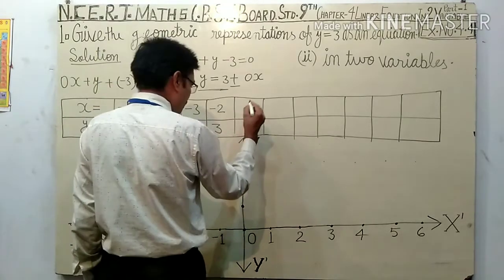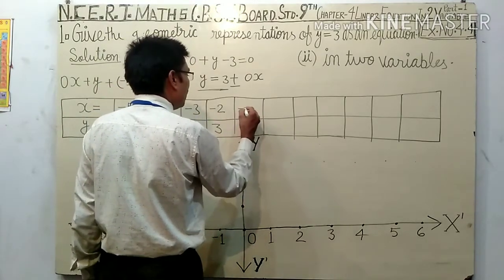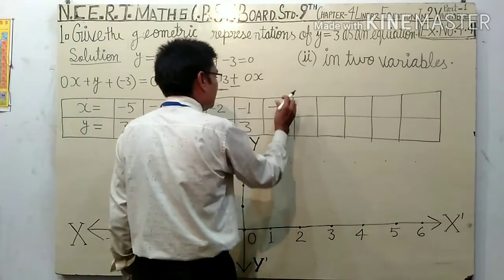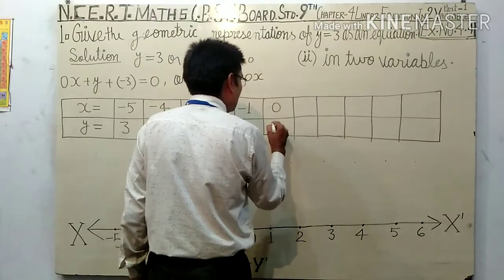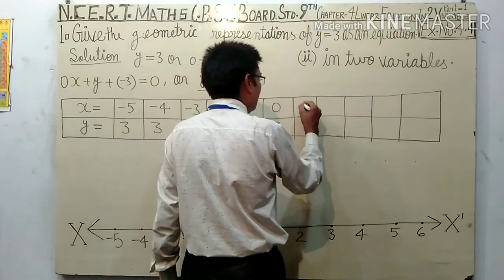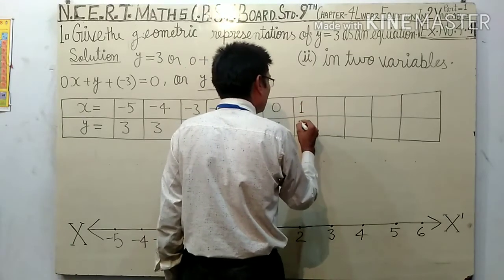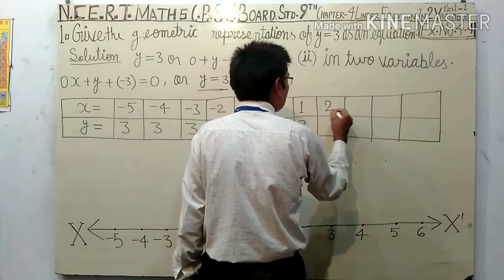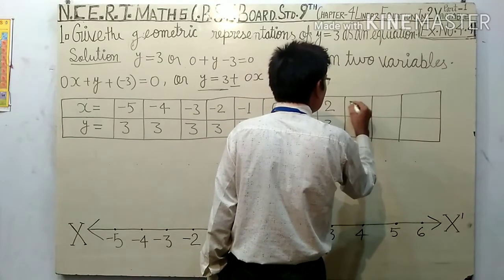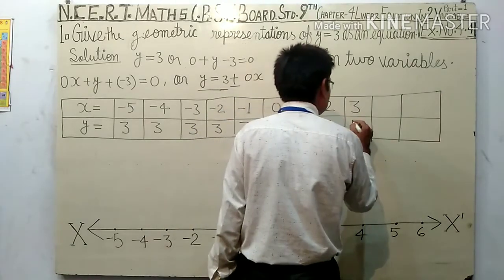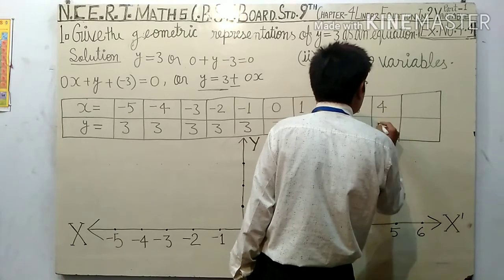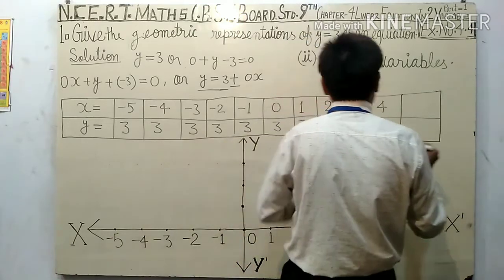You may imagine very easily what is going to happen. Nothing is going to happen. Just imagine where the graph of this equation will lie. Students, be sure that the graph of this equation will lie only and only parallel to the x-axis. Just imagine what will happen as we take so many points.